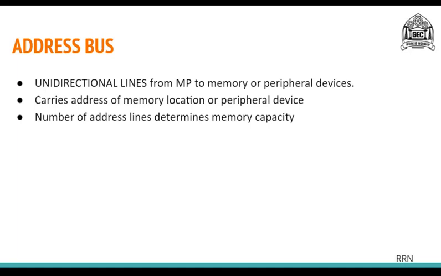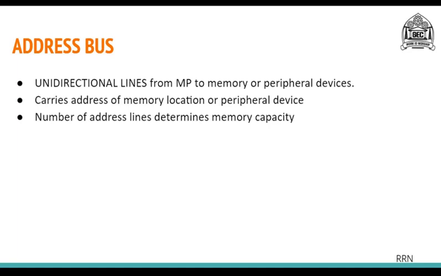So how is this address bus used by the microprocessor? It is used for its read and write operations. Consider the microprocessor wants to read data from the memory or write data to the memory. The address bus will carry the address of the data on which the microprocessor wants to perform the read or write function.